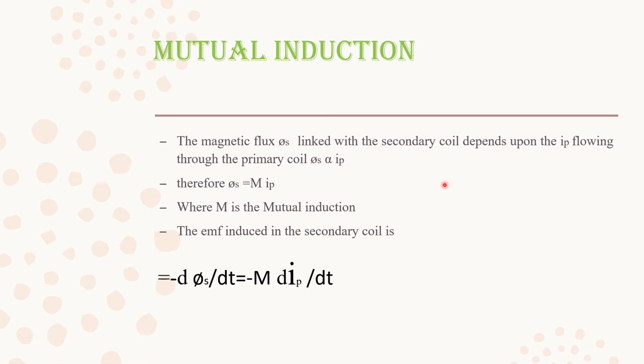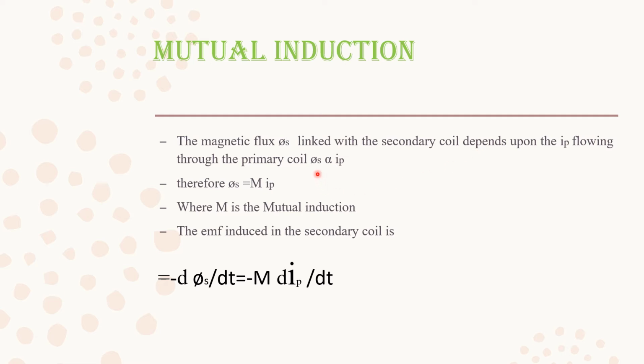The magnetic flux phi S is the magnetic flux in the neighboring coil. This neighboring coil we can call the secondary coil. The magnetic flux linked with the secondary coil completely depends on the current flowing through the primary coil.